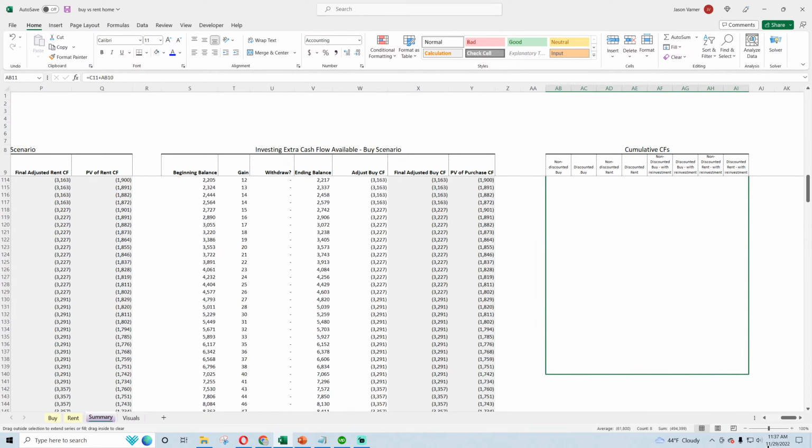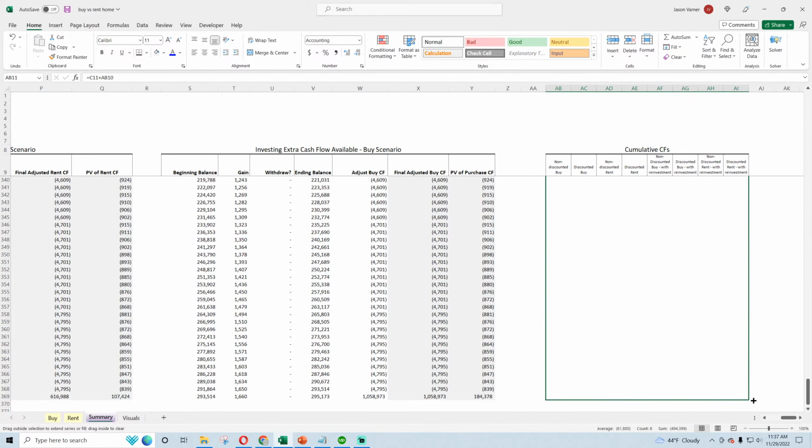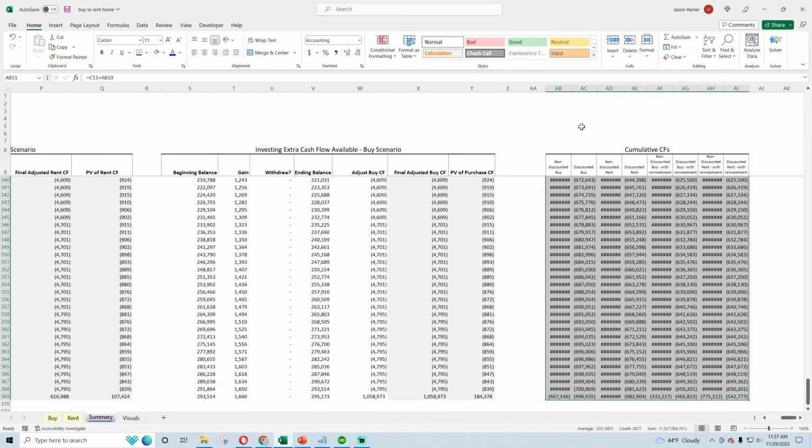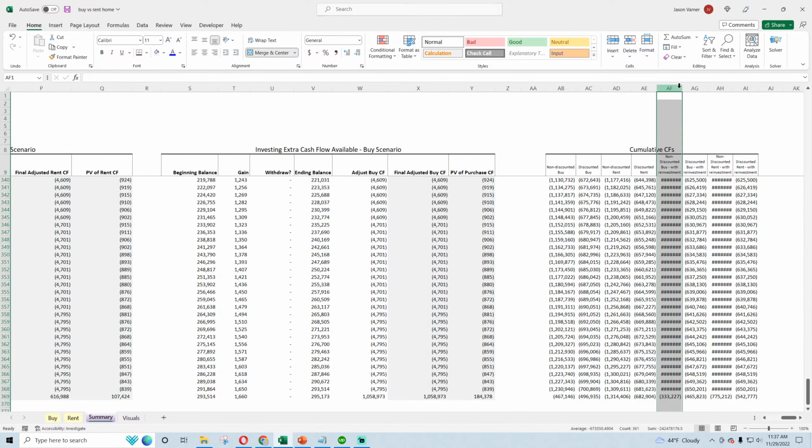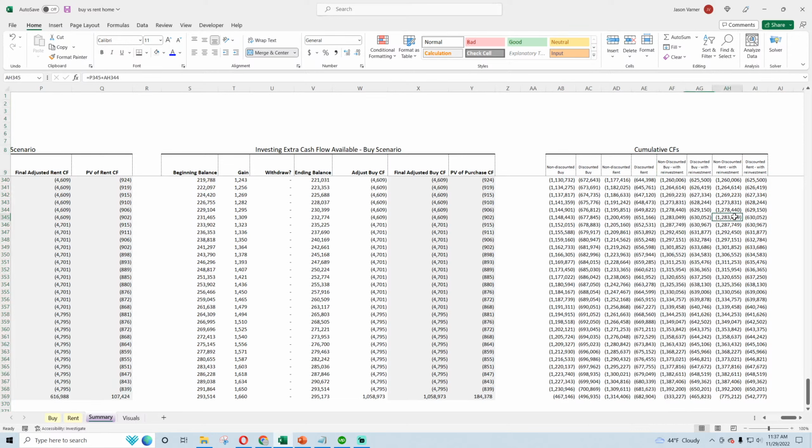Okay. And the accumulation of each. The one that gets to the lowest at the end is the winner, which would be non-discounted buy, always.